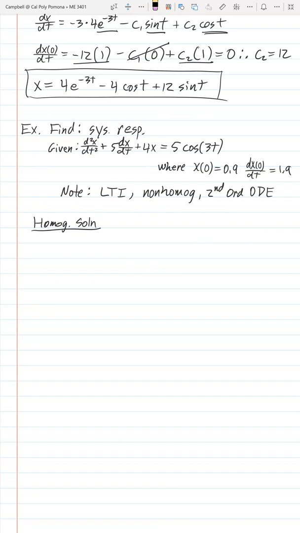And so we have to start with the characteristic equation, just like we did before. In this particular case, we can see that we are going to get an s squared, just like we did last time from that second order derivative, but we're going to now have a term that has s to the first power. So we get an s squared plus 5 times s plus 4.